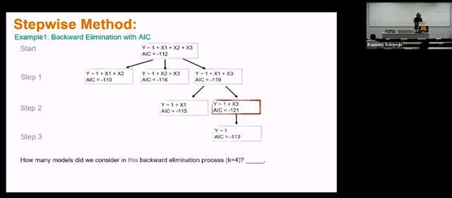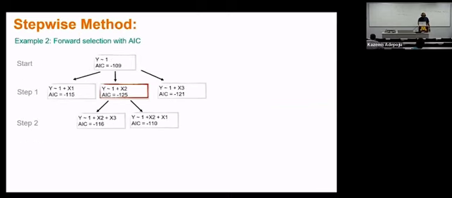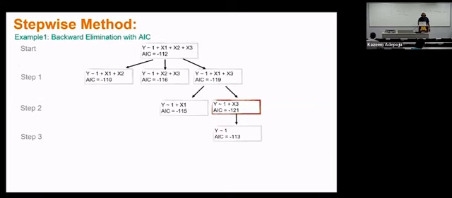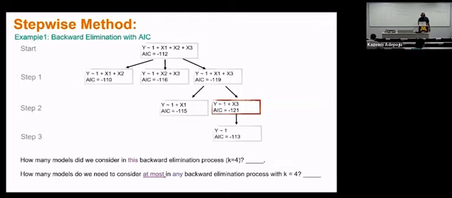Now, I wanted to take a look at this. Backward elimination with AIC selected the model with X3, while the forward selected that one. You can see a kind of conflict between them.